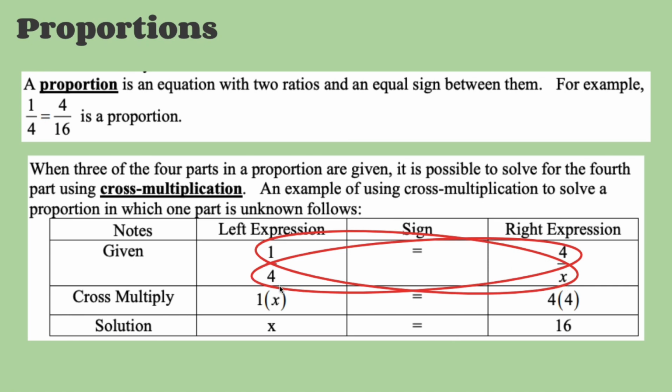Now that we know what we're multiplying, we do 1 times x, the first loop, which is 1x or just x, and then 4 times 4, which is 16. So our answer is x equals 16, which we see here, so that's the right answer.